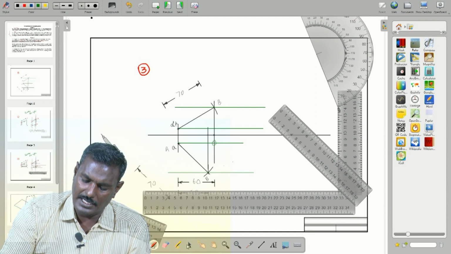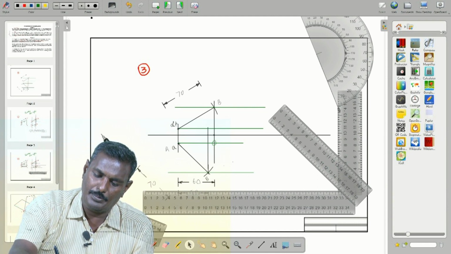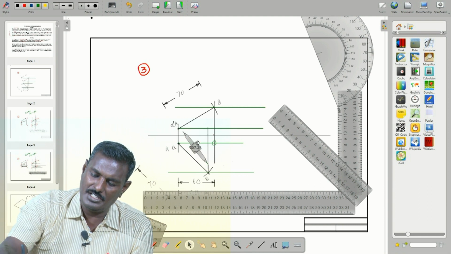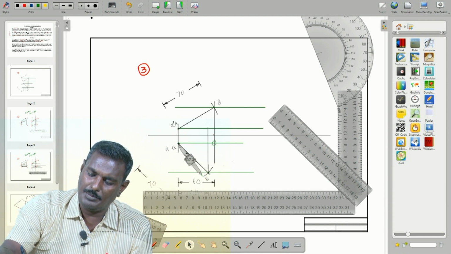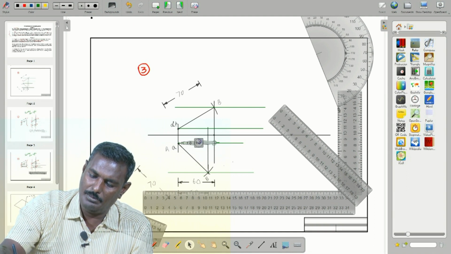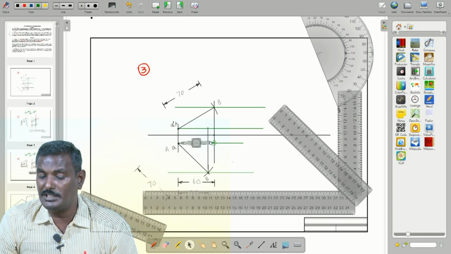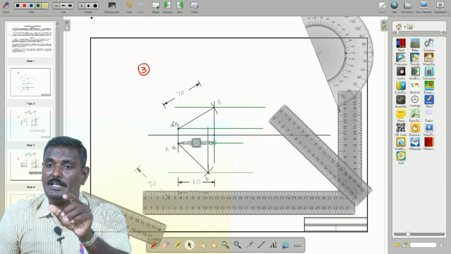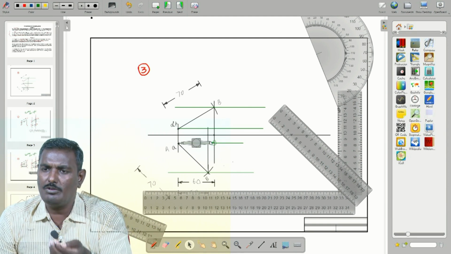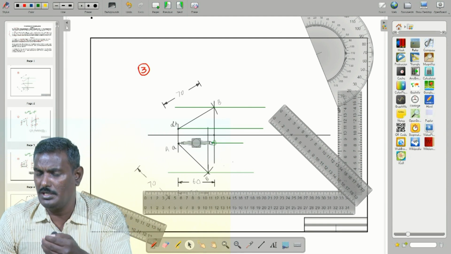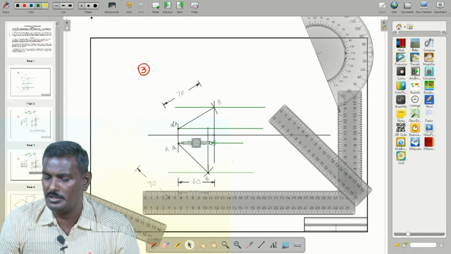So now take the compass. The compass needle point is kept at small a, and measure up to this distance as a radius. Because capital B, this is the locus point.